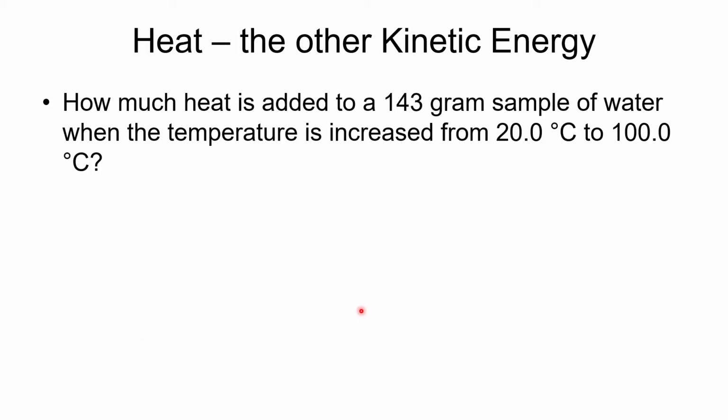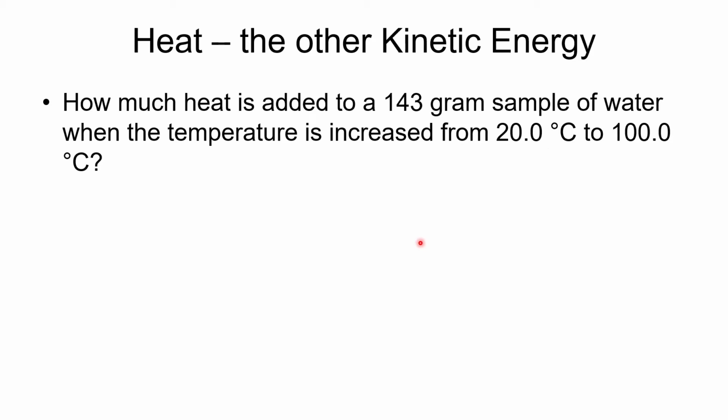All right. We now want to look at heat, and heat is our other kinetic energy. So how much heat is added to a 143 gram sample of water when the temperature is increased from 20 degrees Celsius to 100 degrees Celsius? I picked 143 grams because that's the same mass as our baseball.